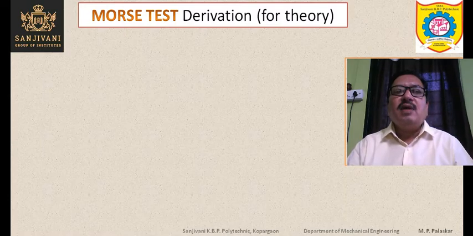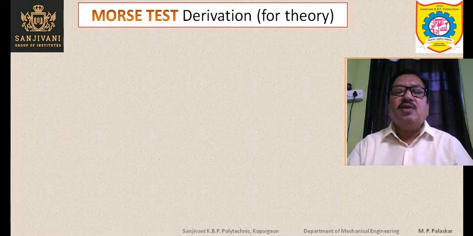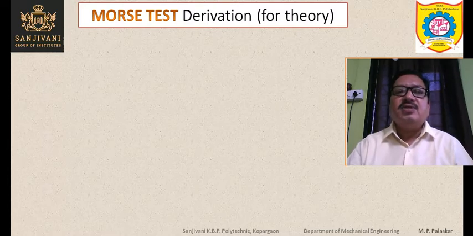So now, for theory purpose, we are going to derive the equations which are useful for Morse test. In order to find the frictional power and the mechanical efficiency with the help of Morse test, we need a few equations, and these equations we can derive. So let us go for the derivation of these equations.